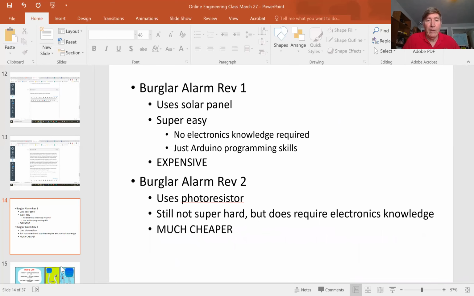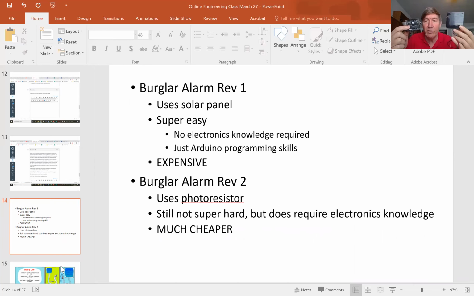Okay, you hopefully remember that on Wednesday, I talked about the reason for what we're about to do. The first burglar alarm that everybody made used an Arduino, and we used this solar panel, which we connected up to the Arduino.